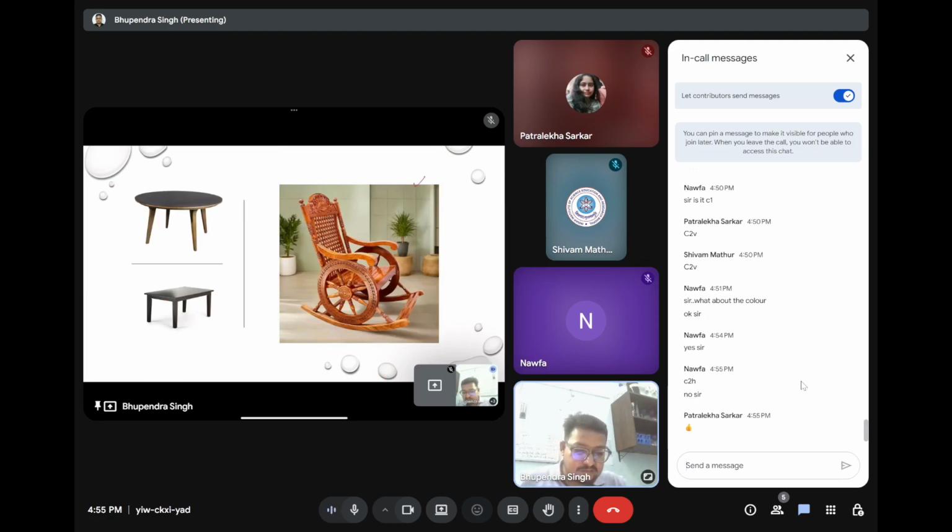First, find the point group of this chair. If you are able to find the point group of this chair, then I think every chair has the same point group.